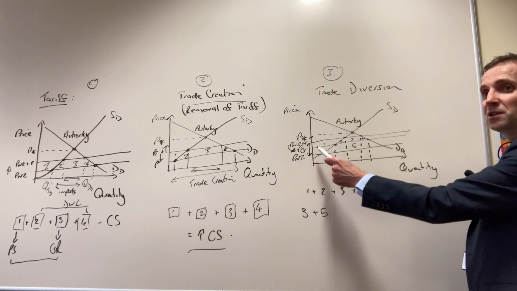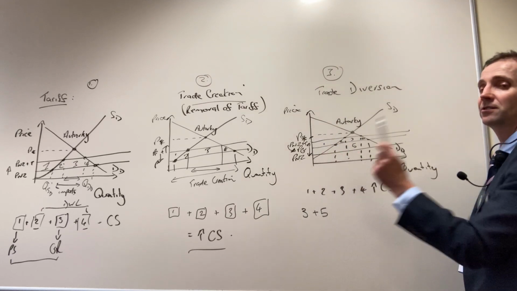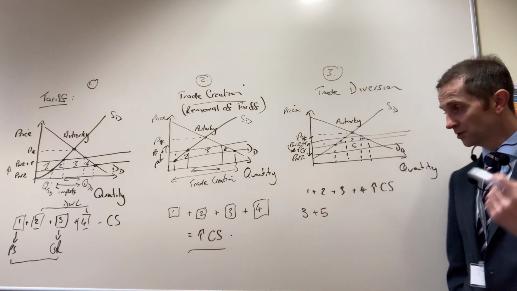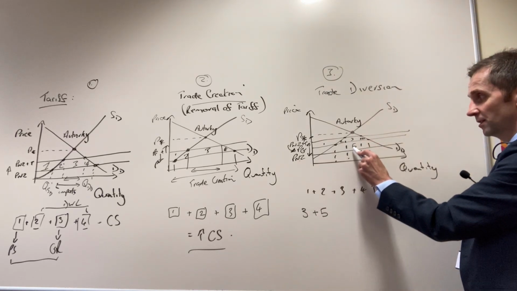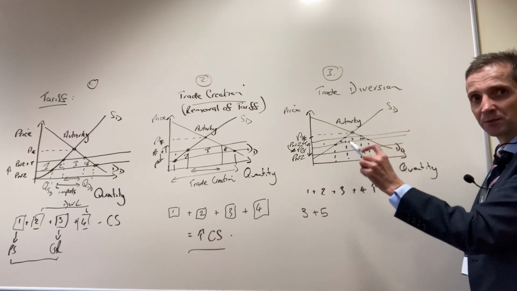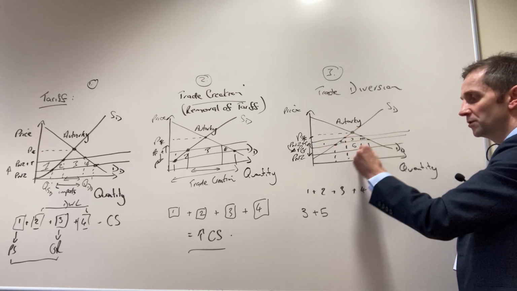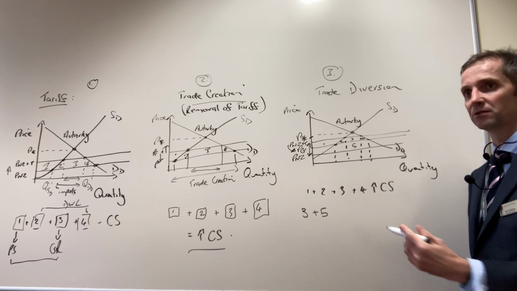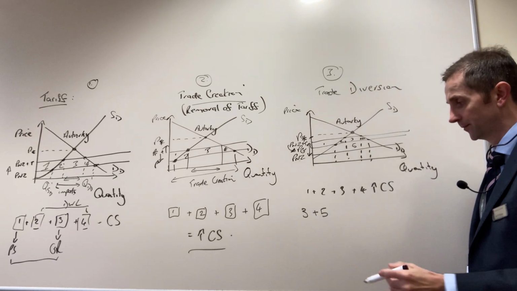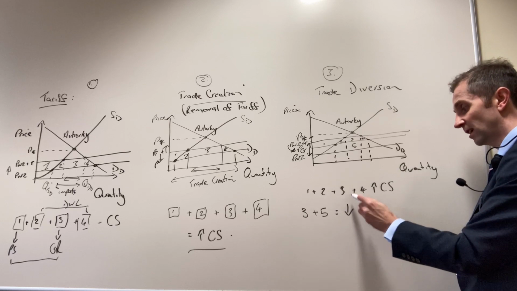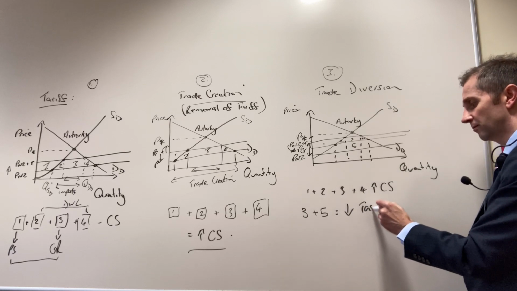So the price is only dropping to G, but that doesn't matter because when we stop buying from New Zealand, the government is losing all of the tariff revenue. So the price drops a bit for us, but the government loses 3 and 5 because you're not buying from New Zealand any longer. Hence that is the reduction or loss of your government's tax revenue.